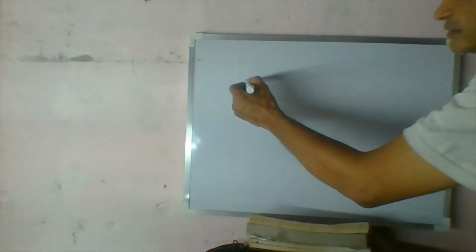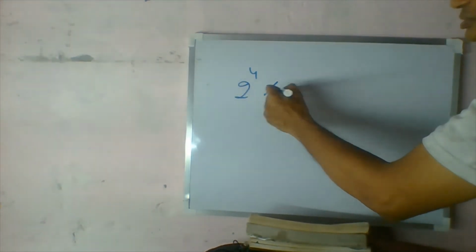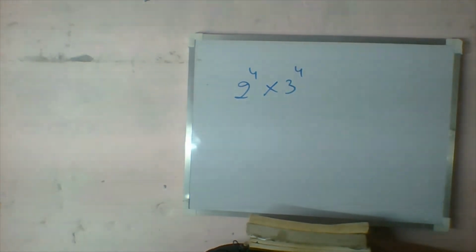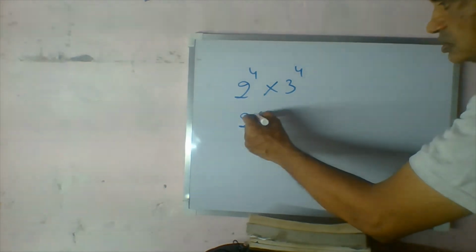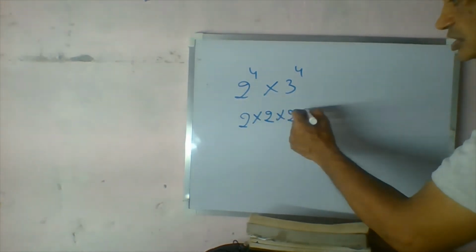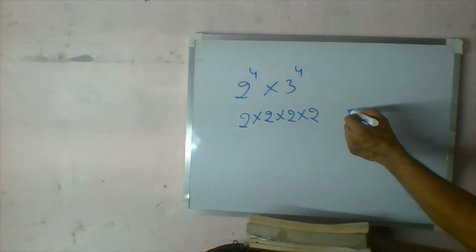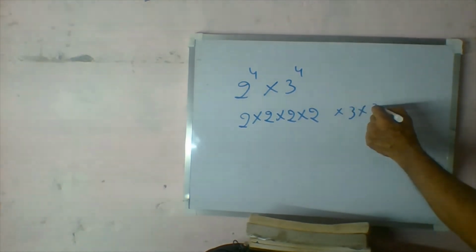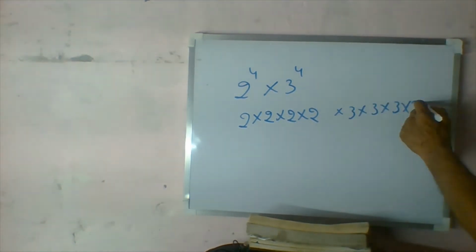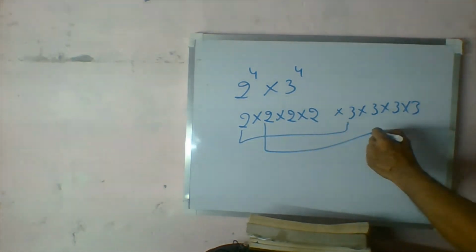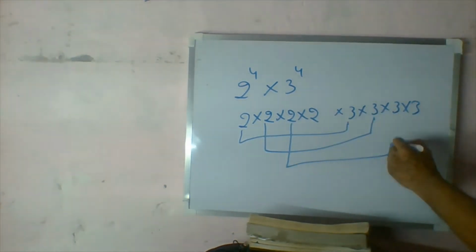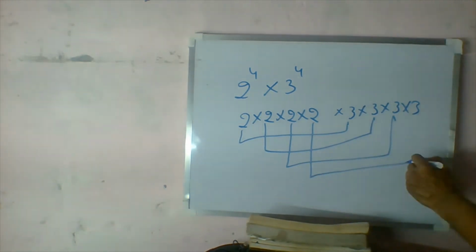Let us put it as some last situation. Suppose we have 2 raised to power 4 into 3 raised to power 4. This we can write as 2 raised to power 2 raised to power 2 raised to power 2. Suppose I pair it with this, I pair it with this, I pair it with this, I pair it with this.